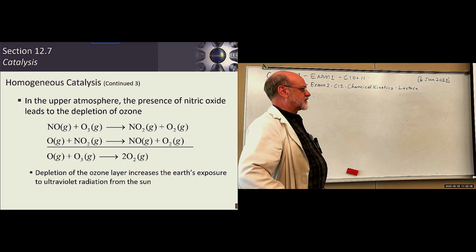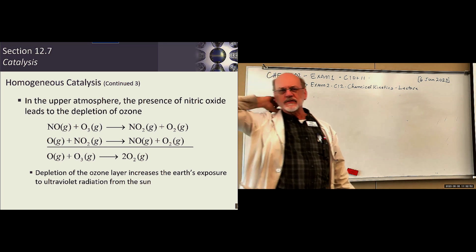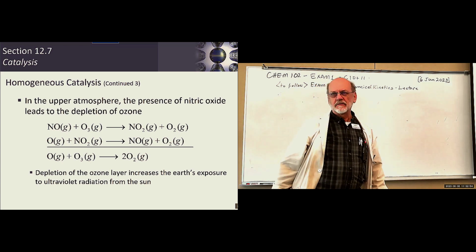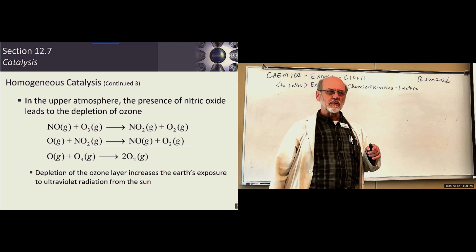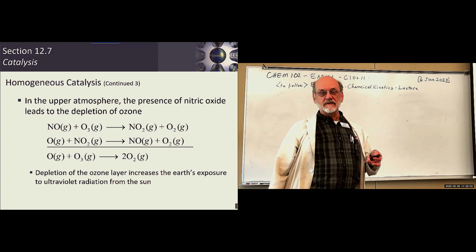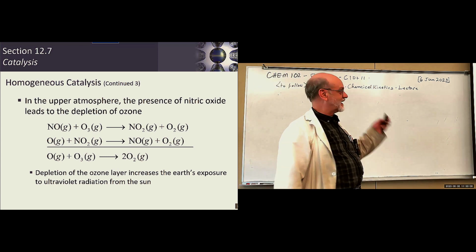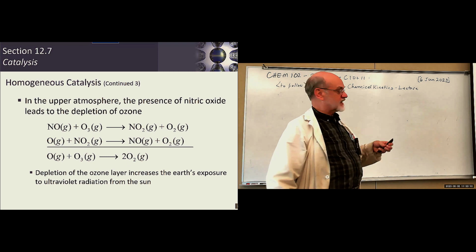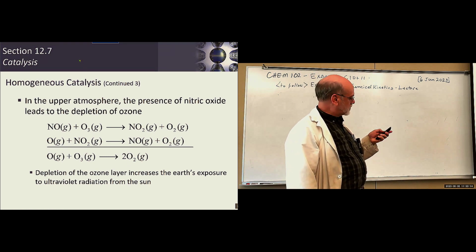All right, there are other types of reactions. Some of the most problematic ones are the ones that occur in our upper atmosphere with ozone. Right? When we produce nitric oxide, NO, as a product of internal combustion engines, it works its way to the upper atmosphere and destroys ozone by this catalytic reaction. And because NO is a catalyst, notice that NO is a homogeneous catalyst, and the mechanism says, see, where's my arrow?